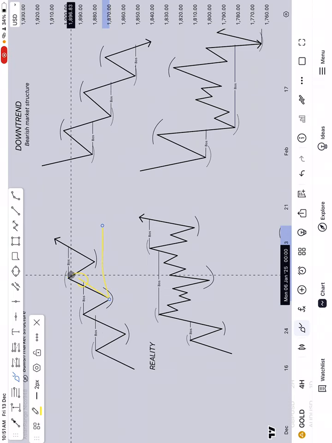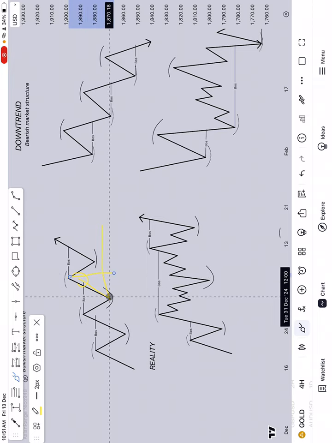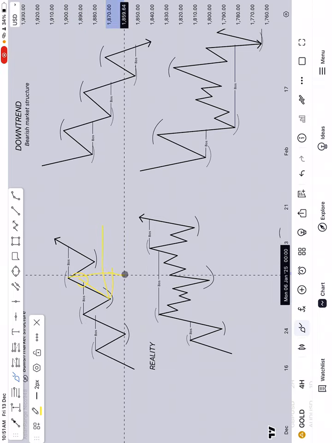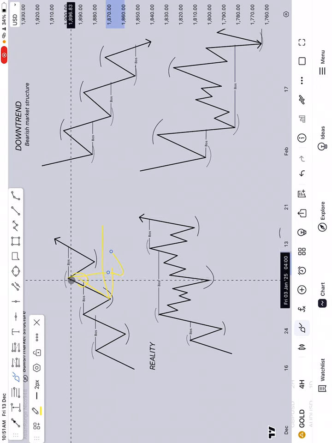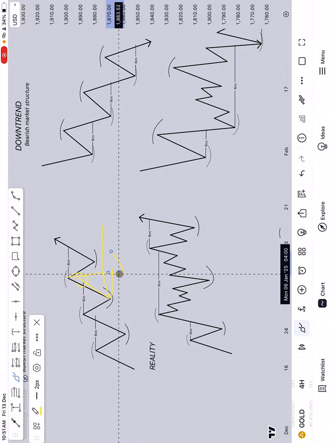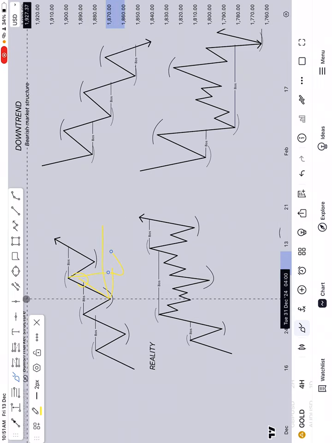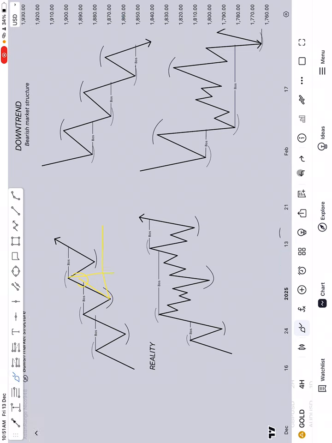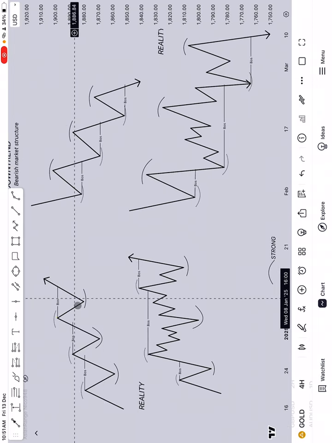And now this high here was able to break this structure, so you now consider this high as our strong high. Why? Because it was able to make a low. I hope that is a little bit clear, because we have definitely covered that already.